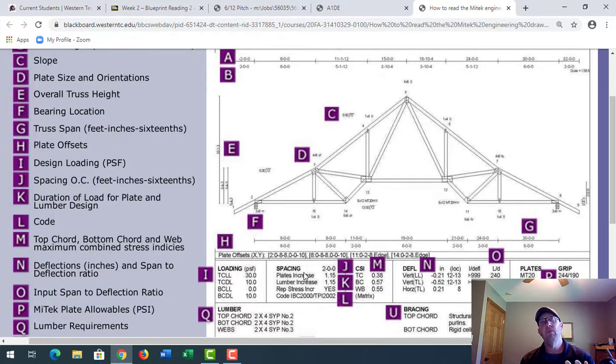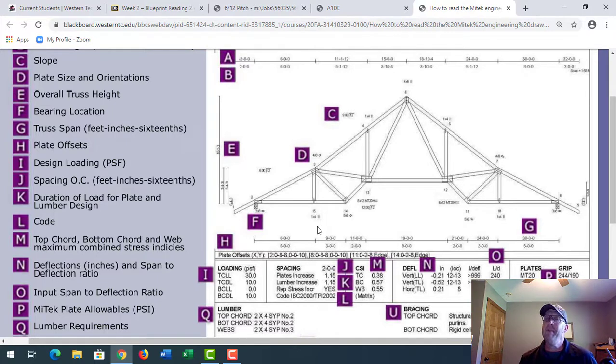So let's start to get familiar with it and start acclimating yourselves to finding really basic information. You don't need to know every single thing, but as carpenters, we need to know to look for certain things on here, okay? Certain things are going to stick out, and we're going to want to know certain information.